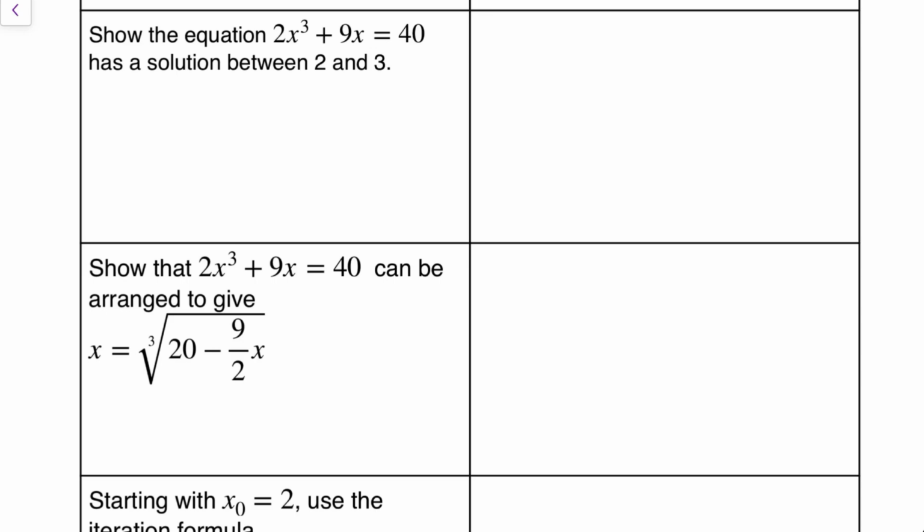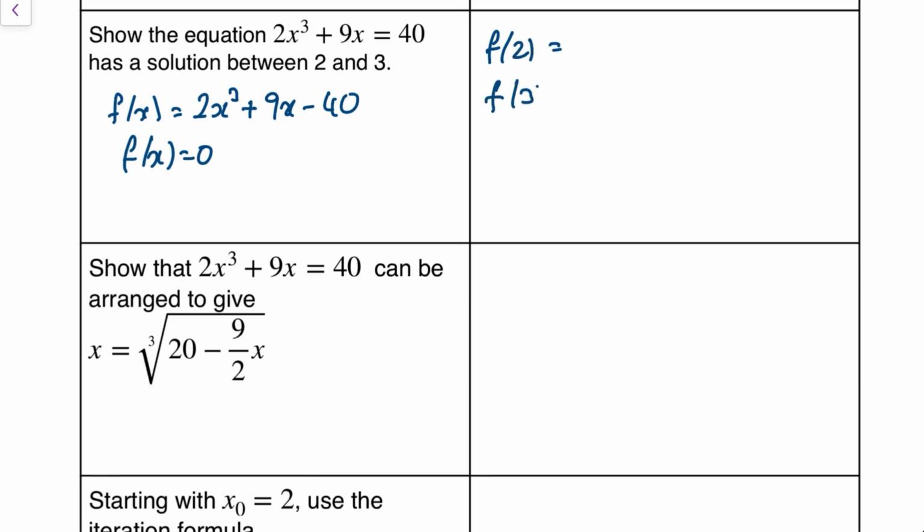Next one, show that the equation, this thing here, has a solution between 2 and 3. Now, for A level, there's a very definite setup, so it's good to get in the practice of doing the right thing. So I'm going to write this as f of x equals 2x cubed plus 9x minus 40, and I want f of x to be equal to 0. In other words, I've rearranged the equation. Then I'm going to work out f of 2 and f of 3.